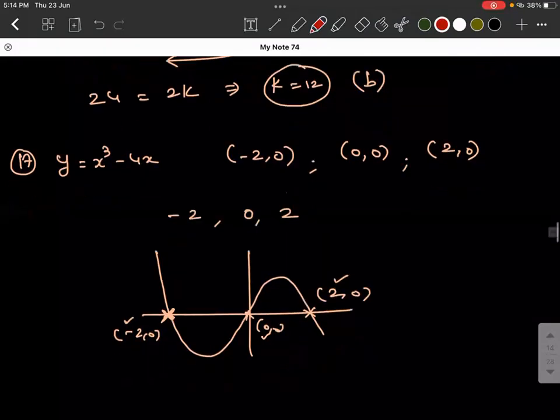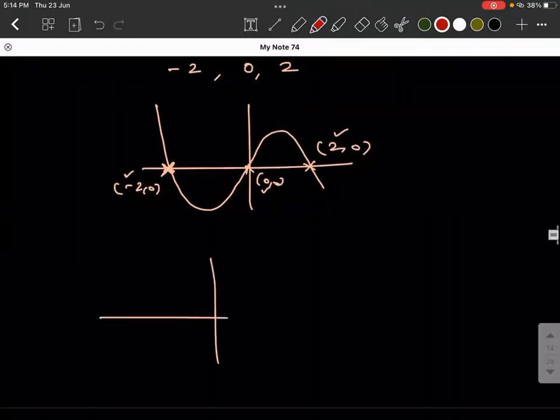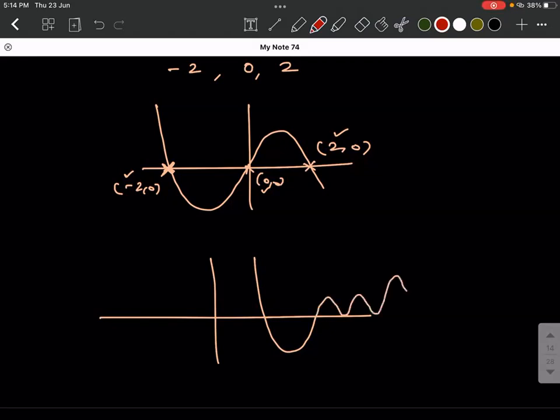So how many zeros are there? This is cutting 1, 2, 3, 4, 5, 6.